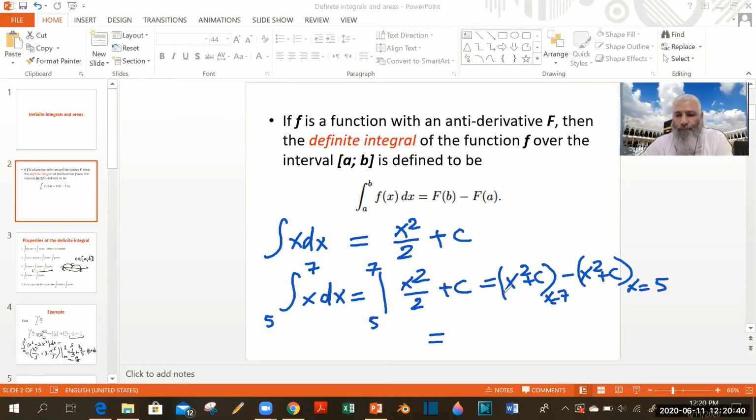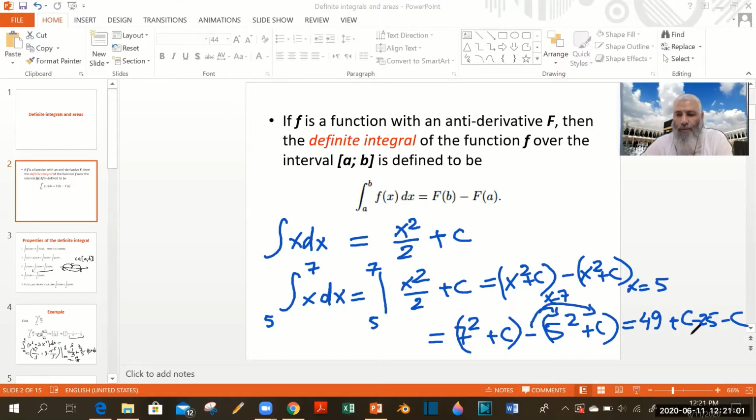So x squared will be 7 squared plus c minus 5 squared plus c. So this is 49 plus c minus 25 minus c, because the minus will be multiplied here and here. So the c will go, c minus c is 0, and 49 minus 25 is 24, right?